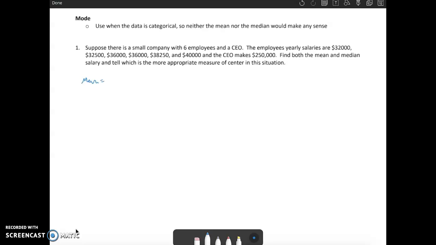To calculate a mean, we add all of the data values together. So we've got 32,000 plus 32,500 plus 36,000 and another 36,000, 38,250, 40,000, and 250,000. Add all those up and divide by 7, because that is how many data values there are.